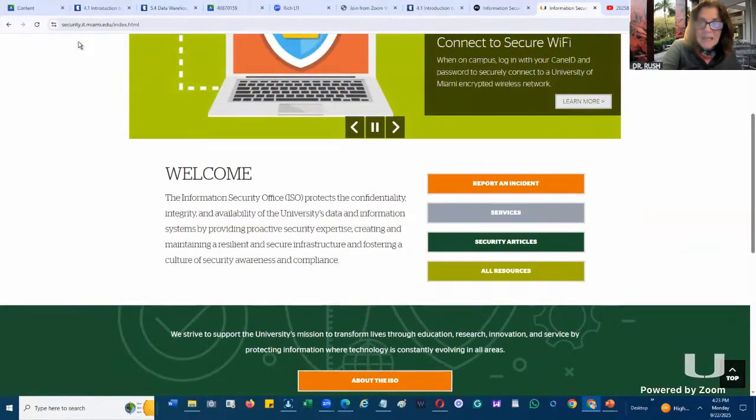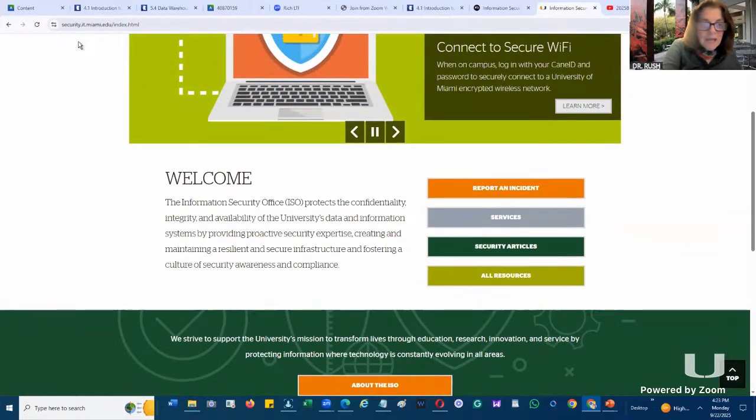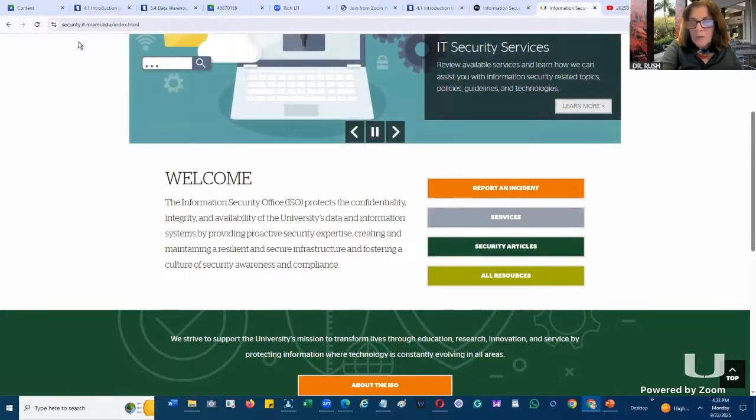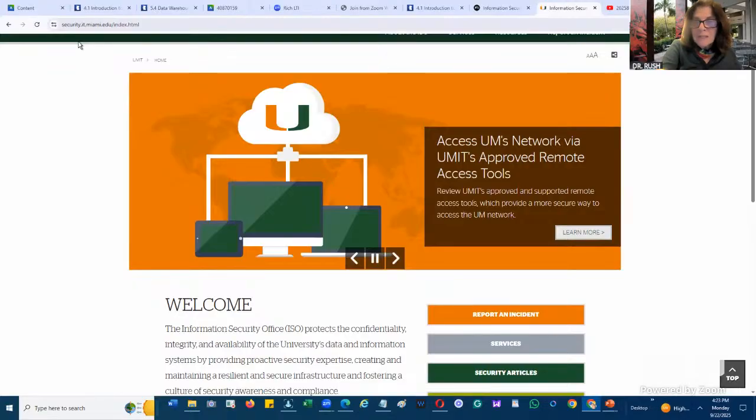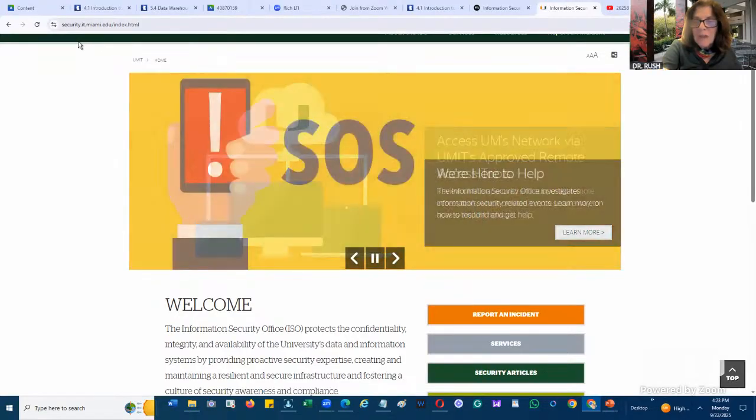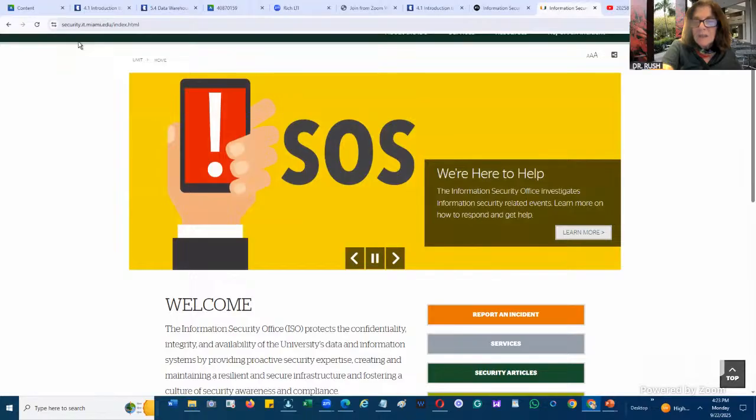So you can see here, you remember we talked about the information security office: we need some controls, we need to report an incident, we need to give services. Accessing UM's network needs some security there.